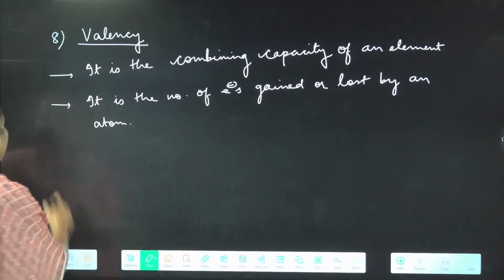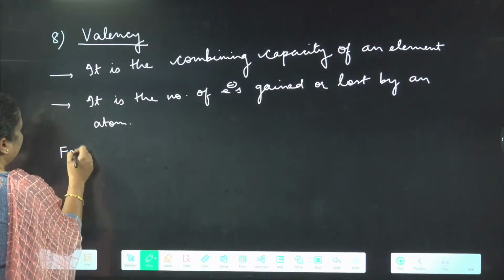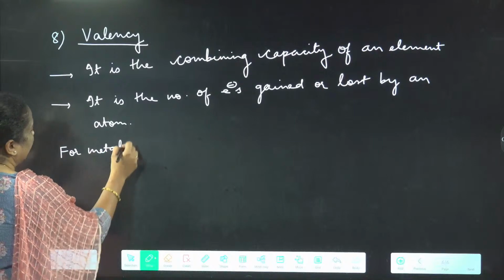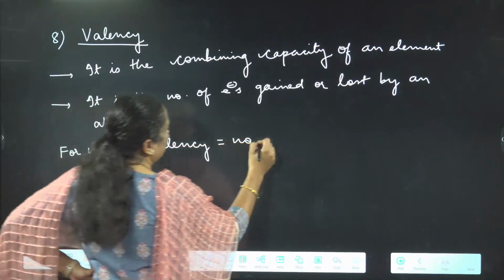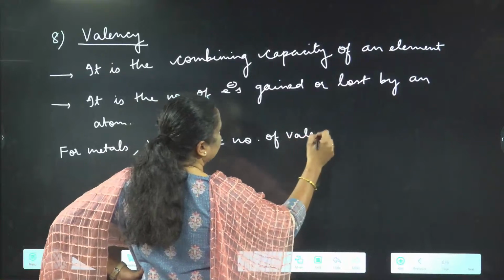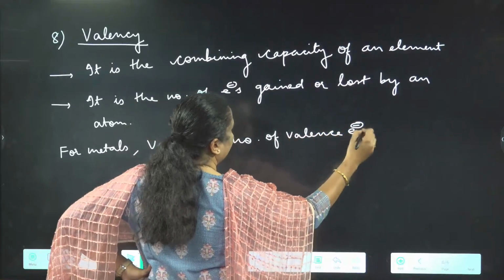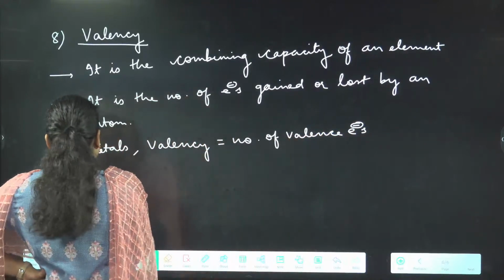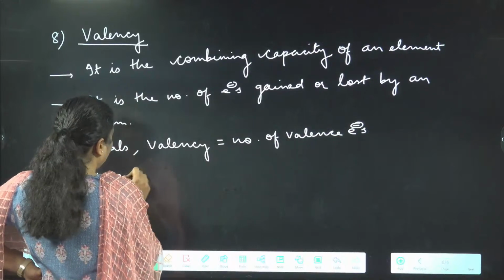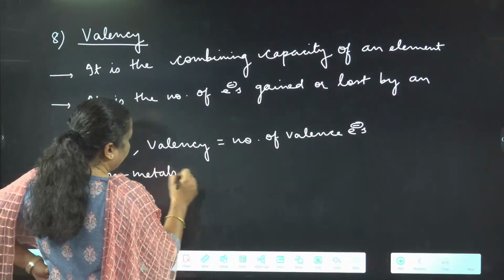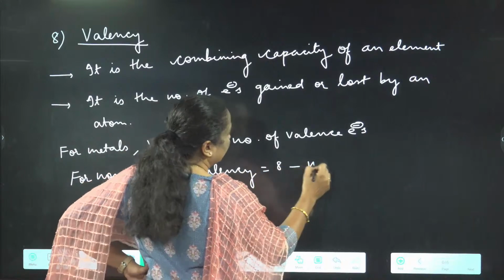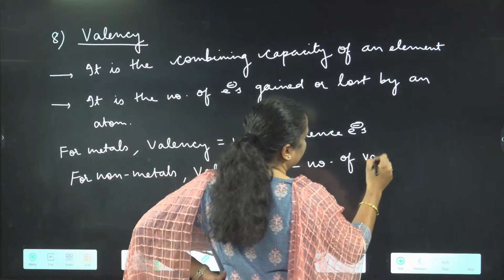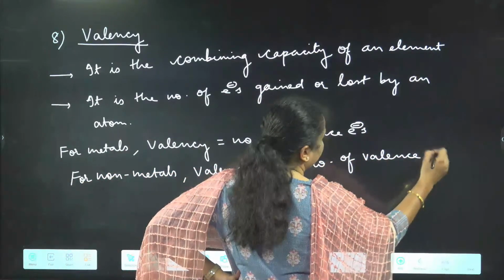Now, for metals we say valency is equal to the number of valence electrons itself. And for non-metals, we say that the valency is equal to 8 minus the number of valence electrons.